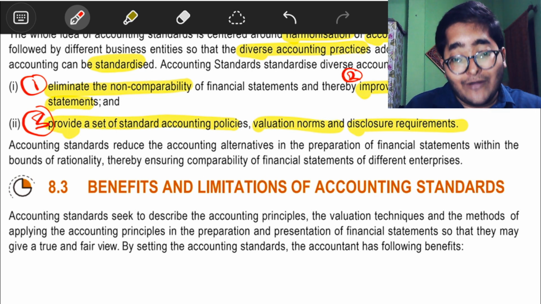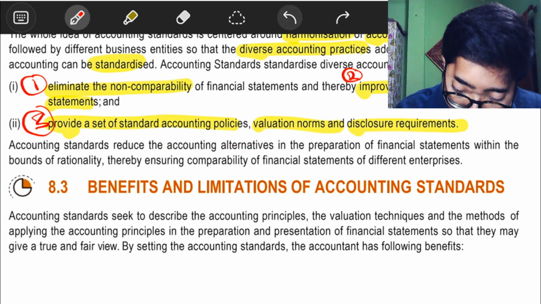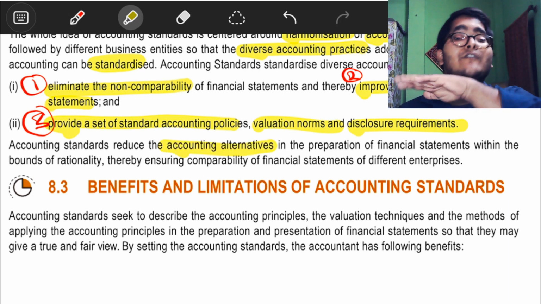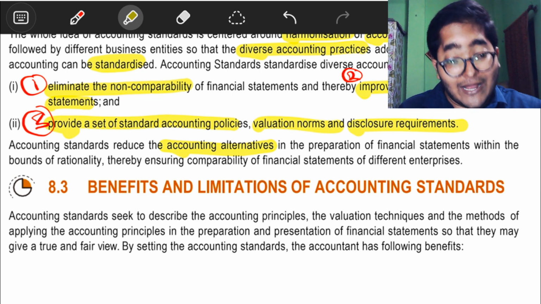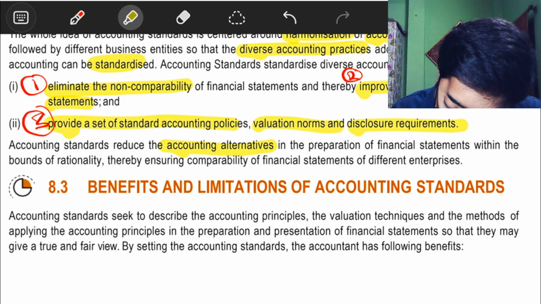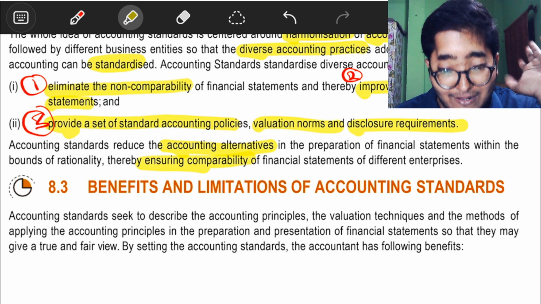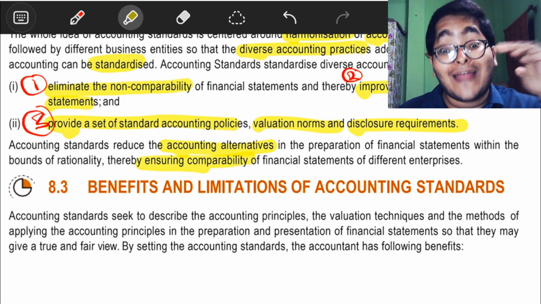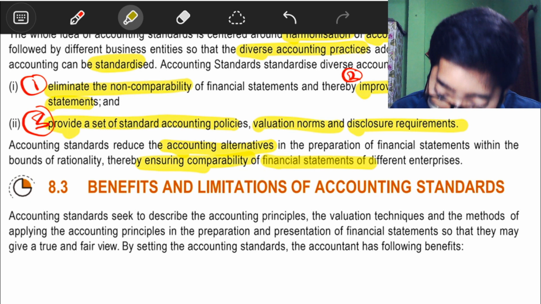Accounting standard reduce the accounting alternative, जो accounting के लिए जो different alternatives है उस alternatives को मिटा देता है या फिर खत्म कर देता है within the bounds of rationality and thereby ensuring comparability. मेन मकसद comparability को enhance करना या फिर ensure करना. Comparability of what? Comparability of financial statements of different enterprises.